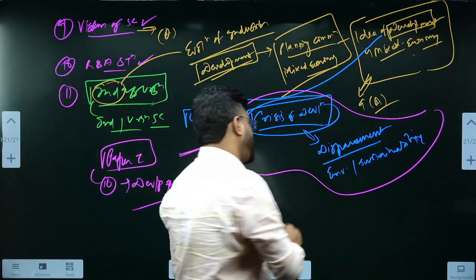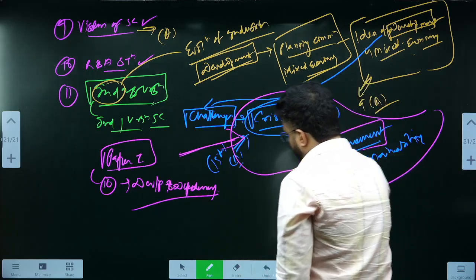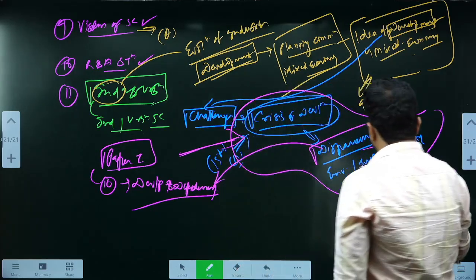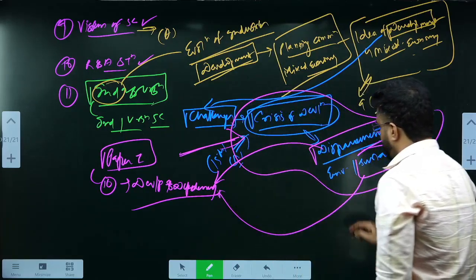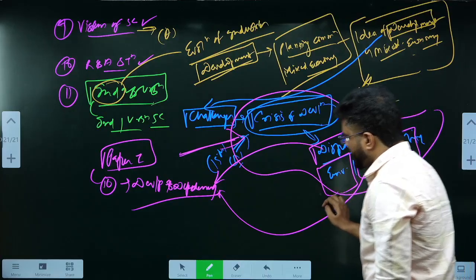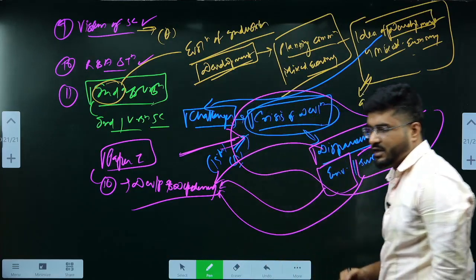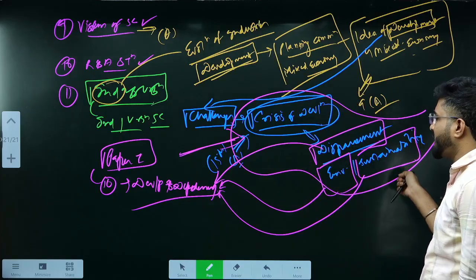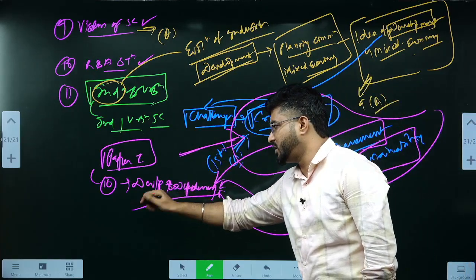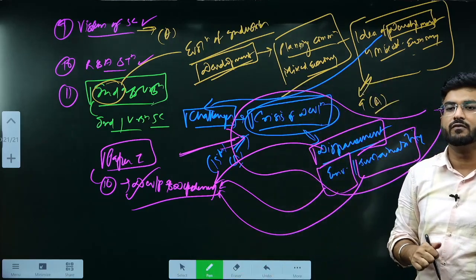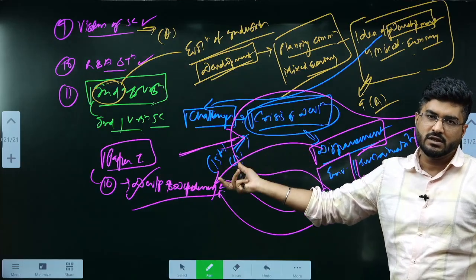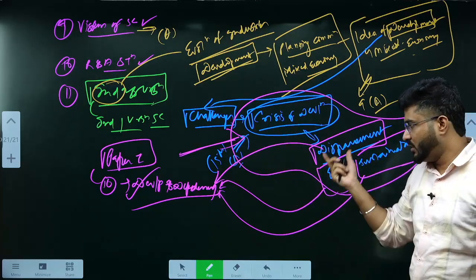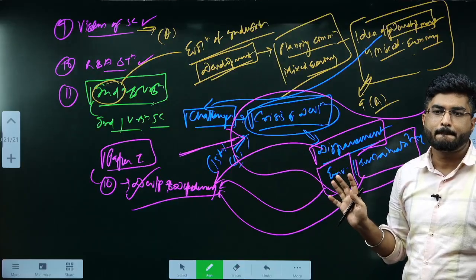Because the displacement which you are talking about here is nothing but a form of dependency. The sustainable development which we are talking about here is nothing but dependency. The environmental crisis, climate change, etc., which we are talking about is nothing but dependency. Hence the questions related to sustainability have come related to this particular section, development and dependency of paper 1. If we could have understood that integration, it was easy to answer. If you are not able to understand, it is difficult to answer.